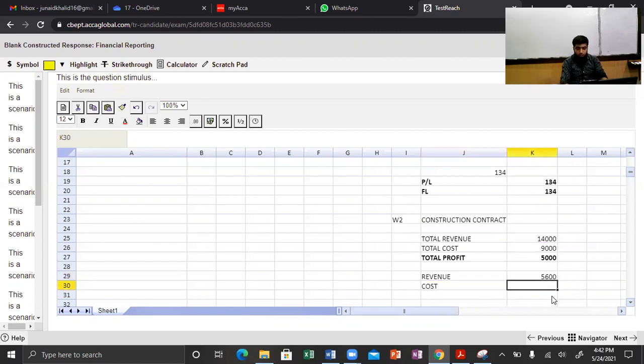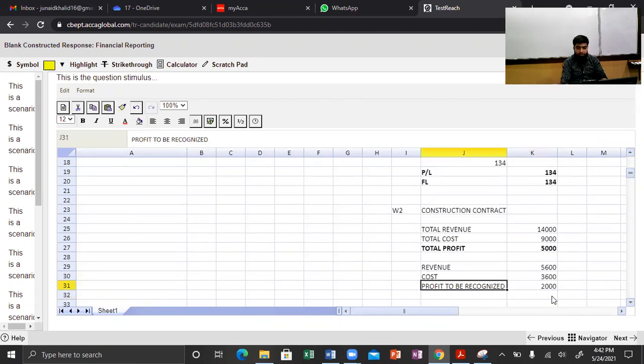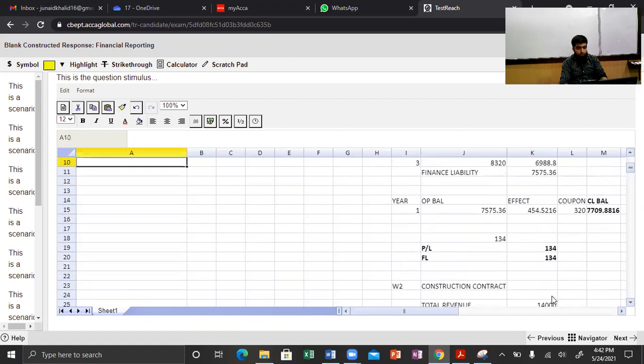And the cost which we are going to account for is again 40%. So the profit to be recognized is 5,600 minus 3,600, that is 2,000. That is the profit to be recognized, 2,000.